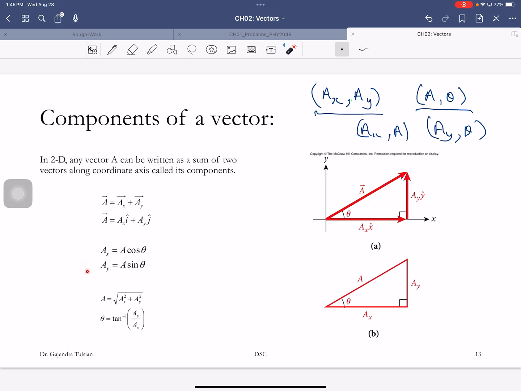Now for these formulas to work, the angle is measured from the x-axis counterclockwise. That's the positive direction. So these formulas will work as long as you're measuring the angle counterclockwise from the x-axis. If you measure it clockwise, that's a negative angle.